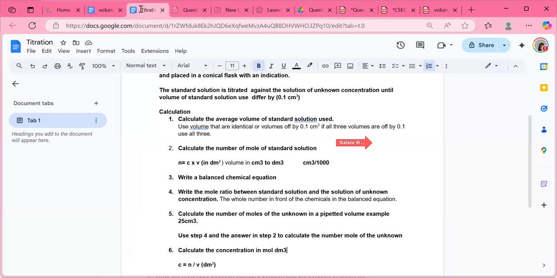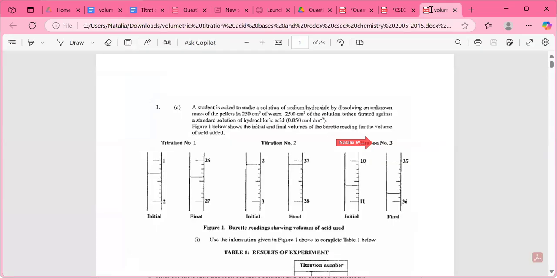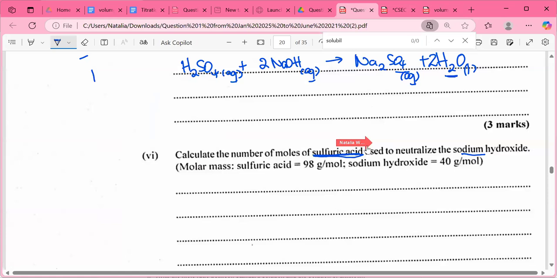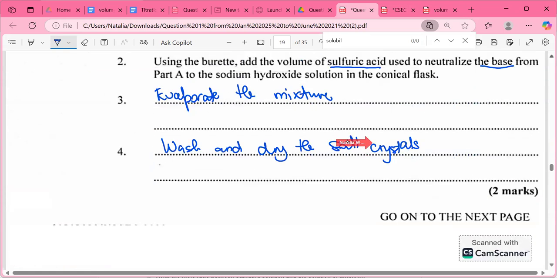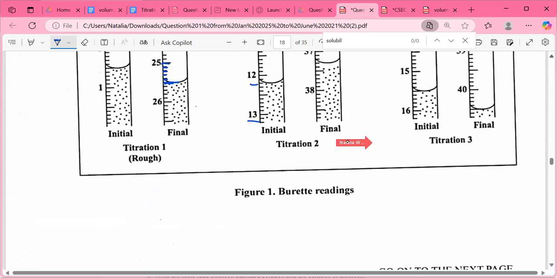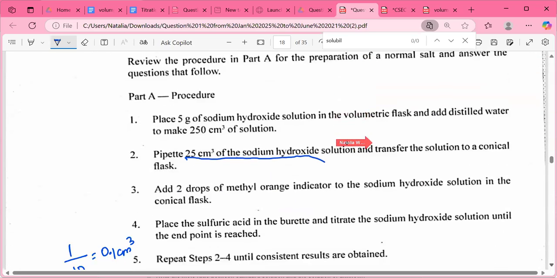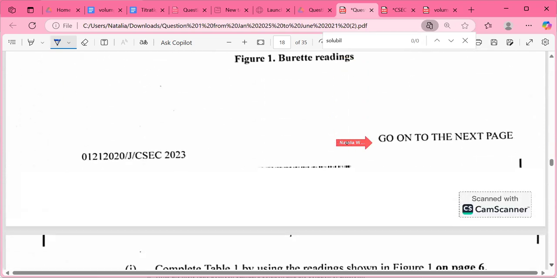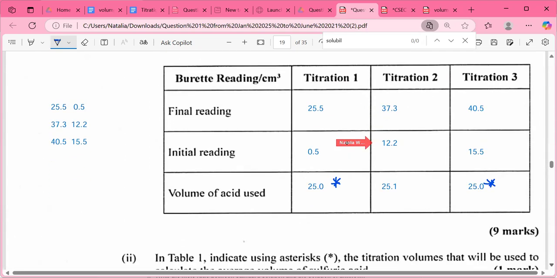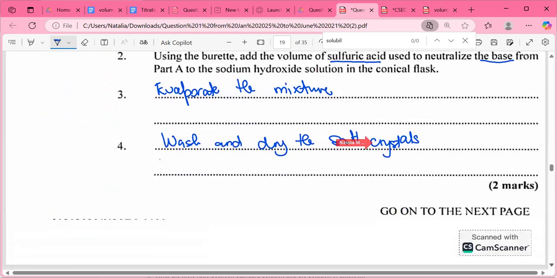My concentration is not given in moles per dm cube. It was given in grams per dm cube. So let's go back up to the question. It told me that it was 4.9 grams per dm cube. So I'm going to convert from 4.9 grams per dm cube to moles per dm cube.